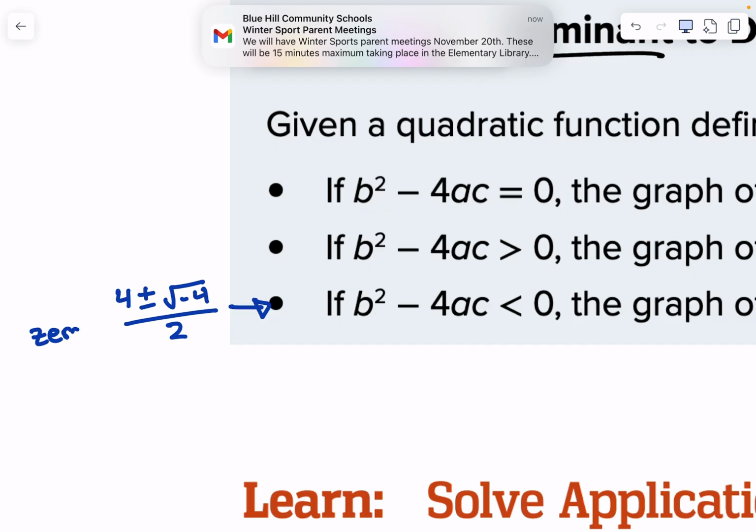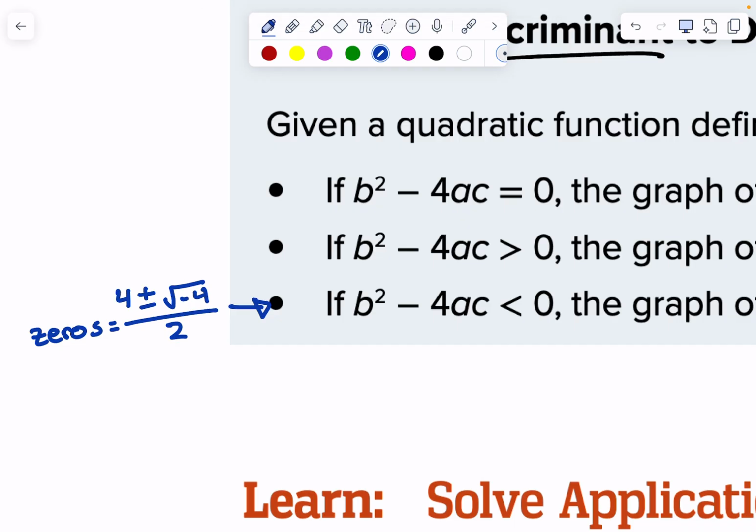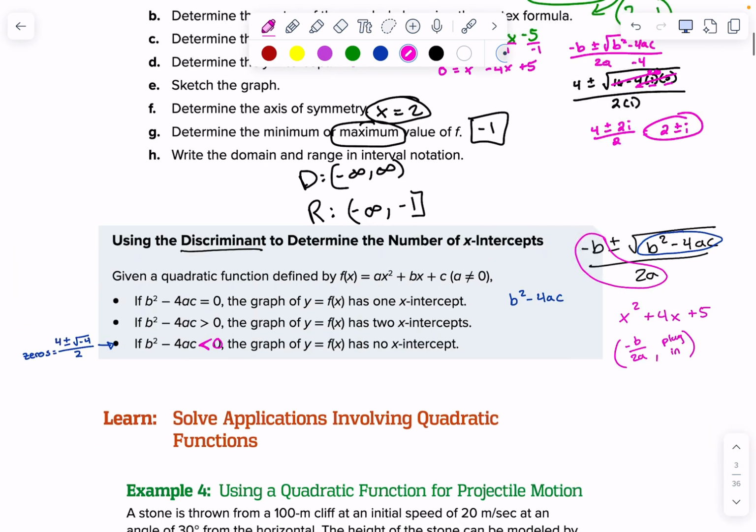What does a zero mean? The spots where it hits the x-axis, an x-intercept or a root or a solution, whatever. The fact that there's a negative inside of a square root, that number is less than 0, means there are no solutions, no x-intercepts.